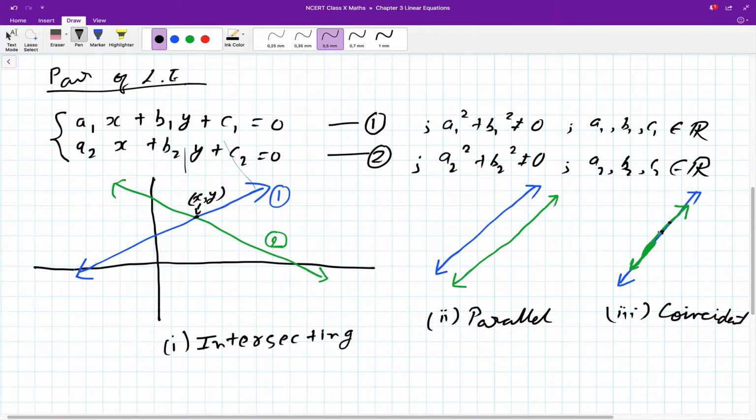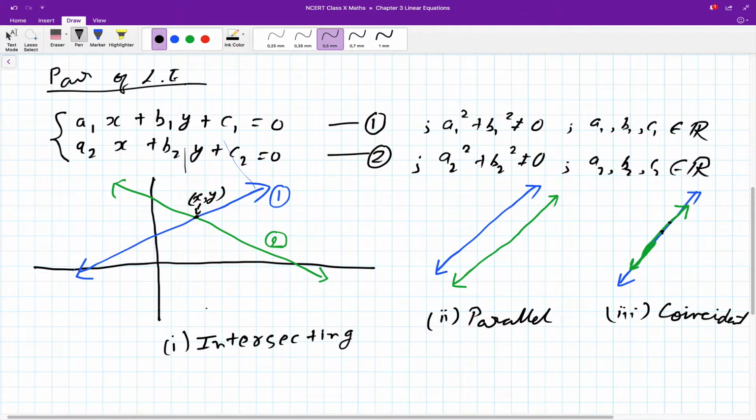Basically, each and every solution for one linear equation is also a solution for the other. Instead of having just one solution, you have infinitely many distinct solutions for this pair of linear equations. Basically, they are just equivalent linear equations, a scaled up version of each other.